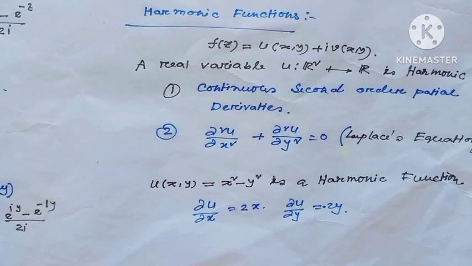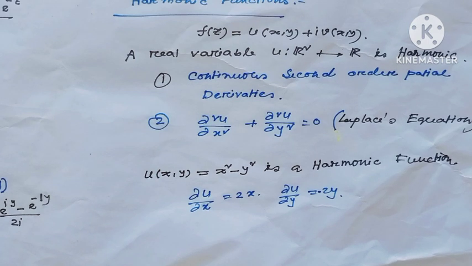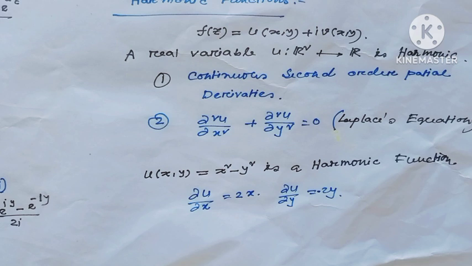As an example, u(x,y) = x^2 - y^2. At first, I will prove u(x,y) = x^2 - y^2 is a harmonic function.